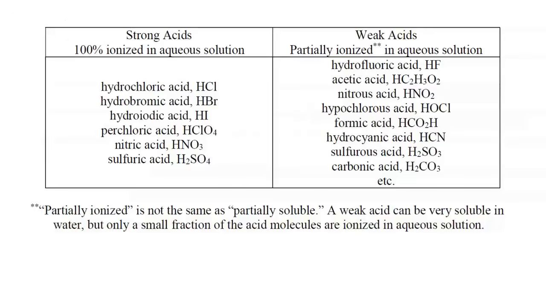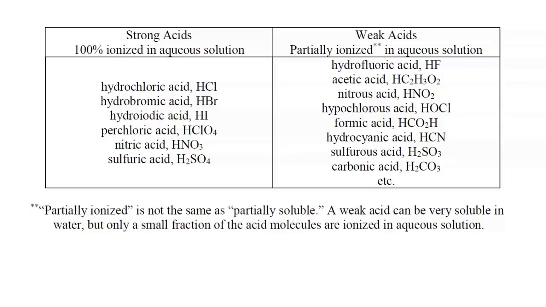In this table, on the left, we see the 6 strong acids that you should memorize for the AP Chemistry exam: HCl, HBr, HI, HClO4, HNO3, and H2SO4. On the right, you see a list of examples of weak acids. A strong acid is 100% ionized in aqueous solution, whereas a weak acid is only partially ionized in aqueous solution.